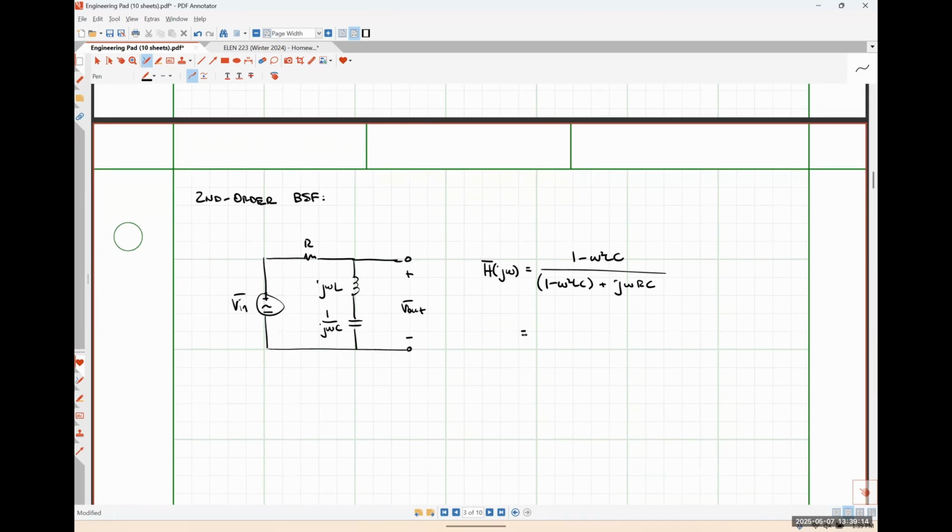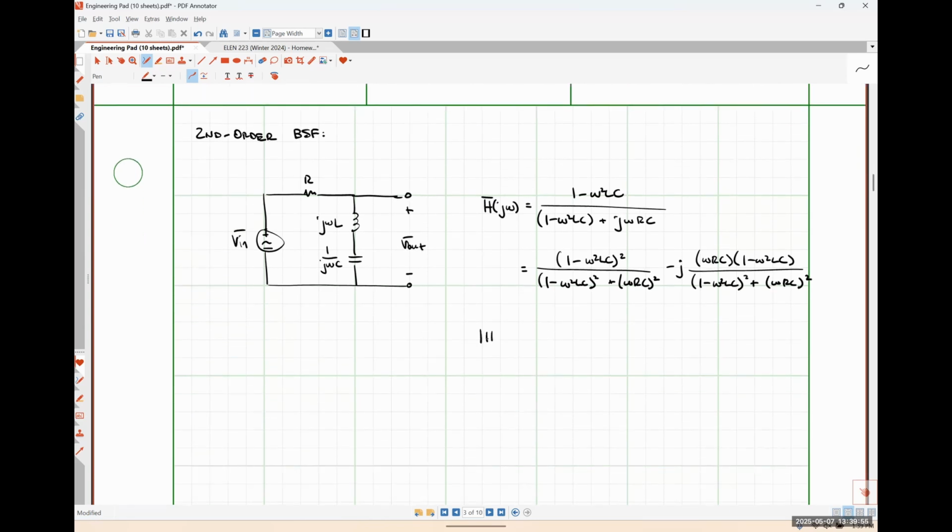Breaking that into the real and imaginary parts, we'll have (1 minus omega squared LC) squared over (1 minus omega squared LC) squared plus (omega RC) squared, minus j omega RC times (1 minus omega squared LC) divided by (1 minus omega squared LC) squared plus (omega RC) squared, like so.